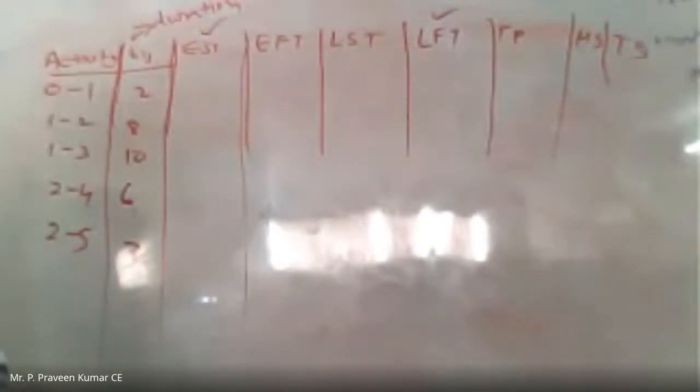In the network diagram, if you consider the 0 to 1 activity, the starting time of that particular activity is nothing but the earliest starting time.